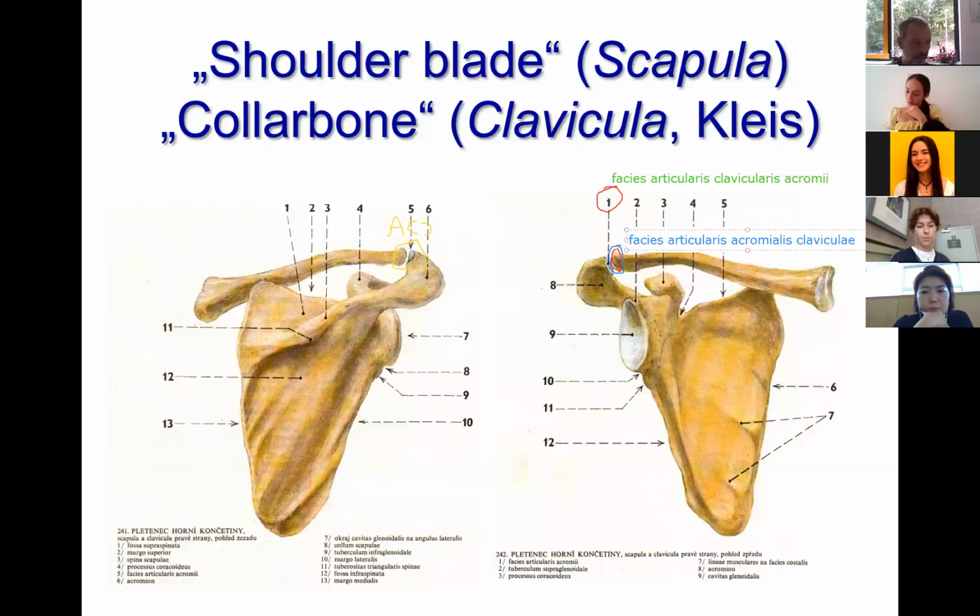So can you feel the difference, please? The blue one is the acromial articular surface of the clavicle, and the red one, the number 1 here, is the clavicular articular surface of acromion. The names are quite similar, but the difference is in using the adjective and the noun.